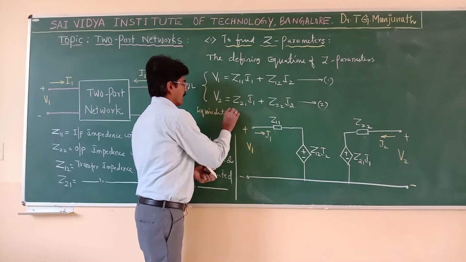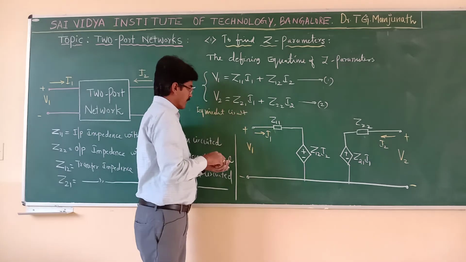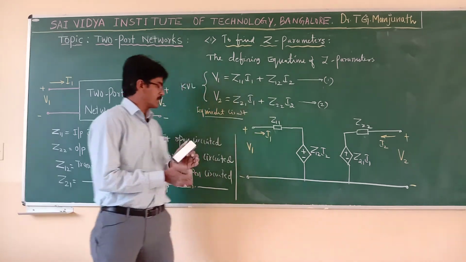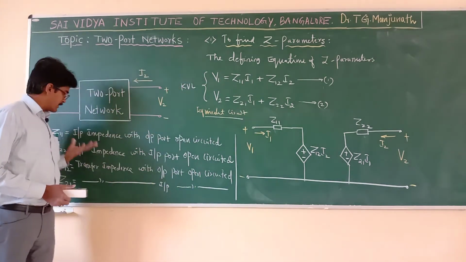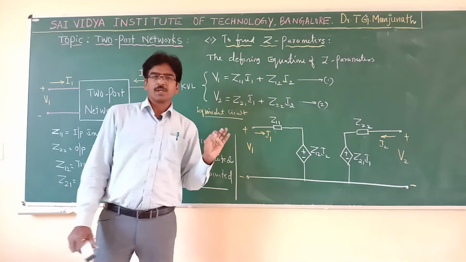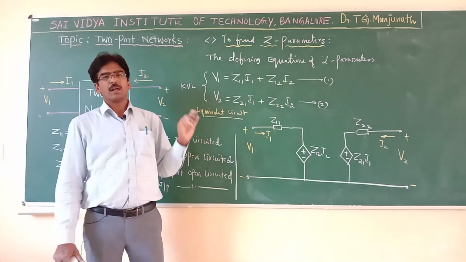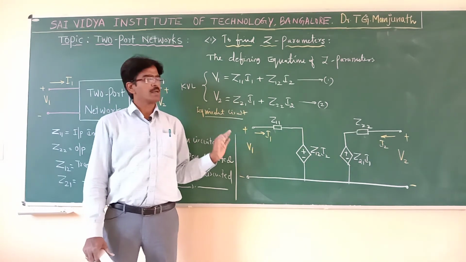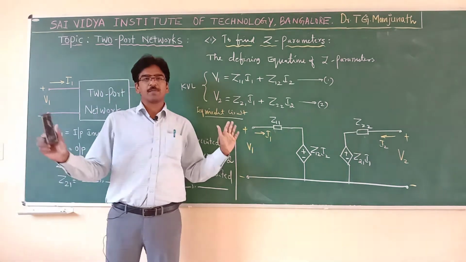This is how to find and define the Z parameters. If they ask the question in the university examination, define Z parameters or explain Z parameters, you have to explain whatever I have explained so far.